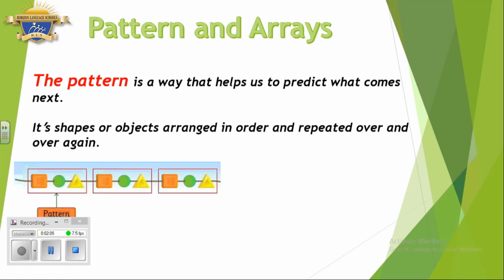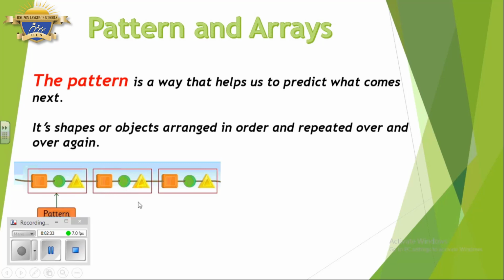Would we write a rule for this pattern to describe what is happening? Yes, of course. The rules help me to find what is happening in the pattern. So, I can put a rule which is adding orange square, green circle, and yellow triangle.